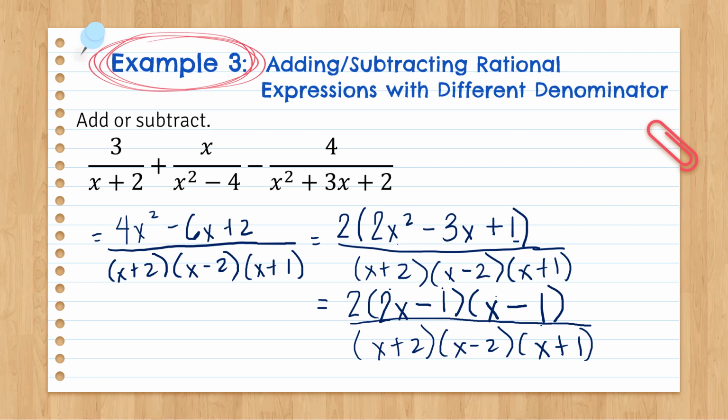Walang common kasi dito, ang given ay x minus 1 na nakuha nating factor. Sa denominator natin ay x plus 1. Meaning, yung sinolve natin kanina na 4x squared minus 6x plus 2 over our LCD, which is the quantity x plus 2 times the quantity x minus 2 times the quantity x plus 1, is already our final answer.